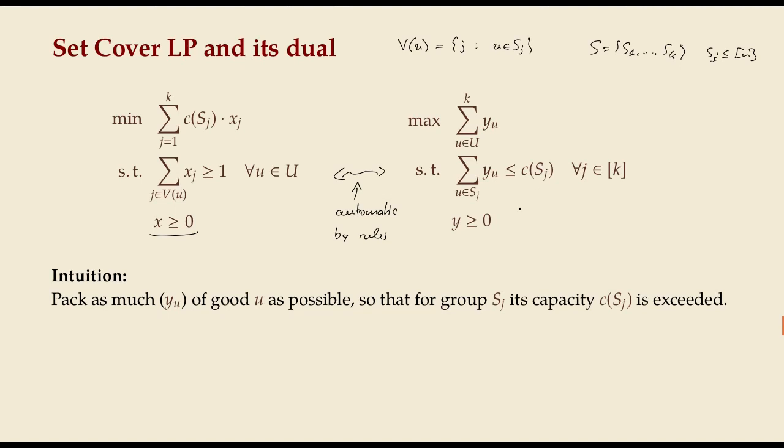And one intuition that you can have for the dual as it's given here is that y_u means you would like to use or take with you as much as possible of the good of type u, but you have constraints, namely sets of goods, so that if you combine the goods in this set, you must not exceed a certain capacity. And these are just expressed here.